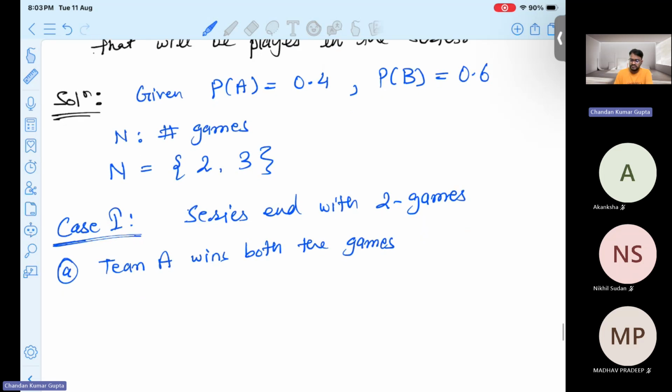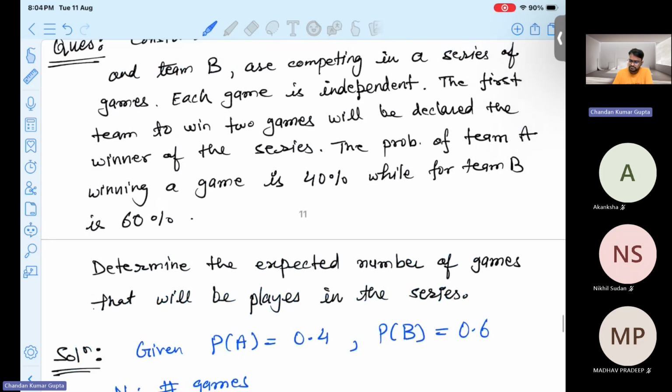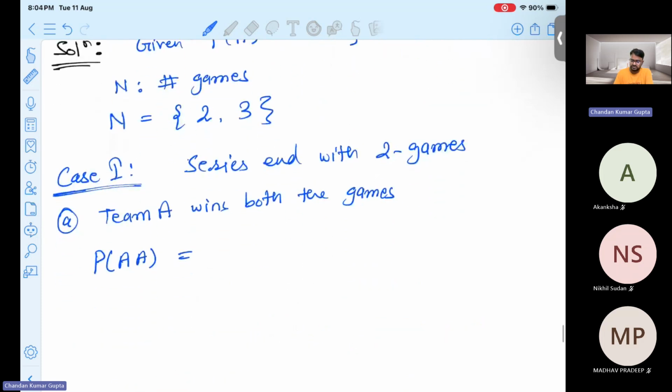So if team A wins both the games, what is the probability? This is the notation for the first and second game both being won by team A. Since each game is independent, we can write probability of A times probability of A. The probability of A is given as 0.4, so 0.4 times 0.4 comes out to be 0.16.